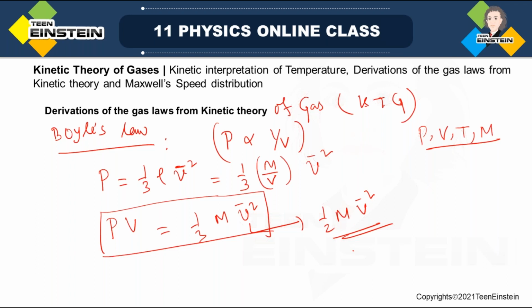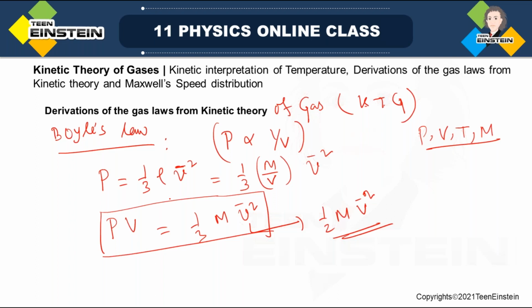This kinetic energy is constant for a particular temperature, because the kinetic energy per molecule depends only on the absolute temperature. So in the case of Boyle's law, the statement is: at constant temperature, the pressure of an ideal gas is inversely proportional to its volume.